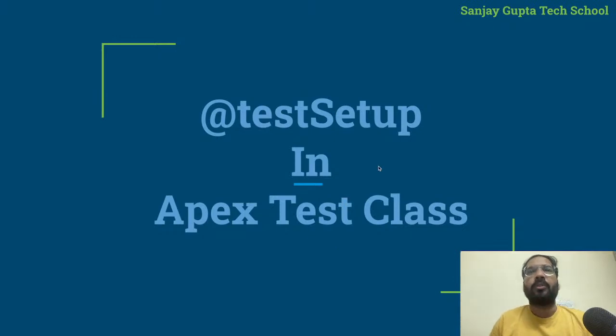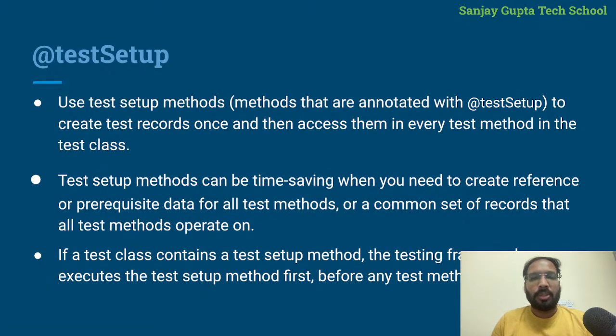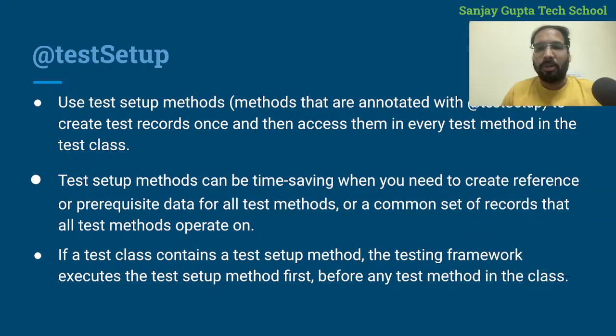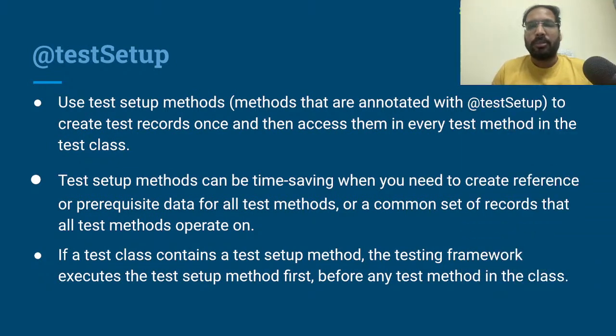So now moving forward, to understand @test setup, we just need to go through all these points first. In front of you, you can see lots of points listed. Just go through them one by one so that you can understand what @test setup actually is. Basically, @test setup is an annotation.